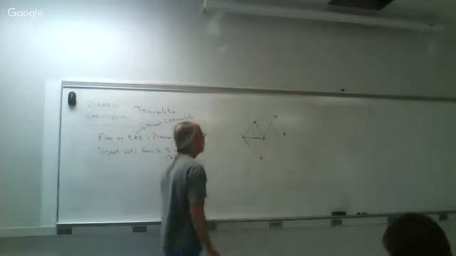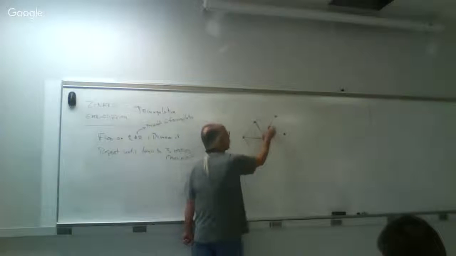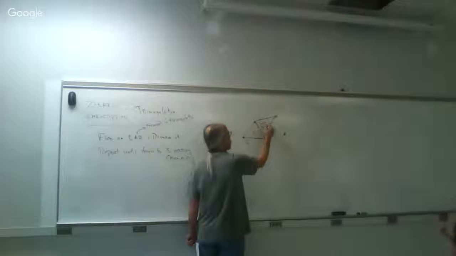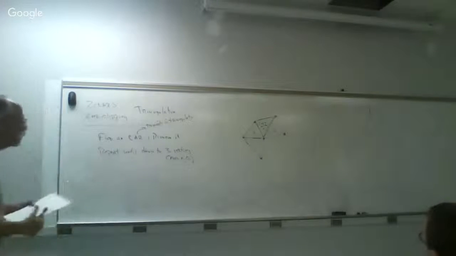So there's the third one that we removed. And now at this point, we're down to just this triangle. So we're left with the fourth triangle, and we've triangulated the polygon.